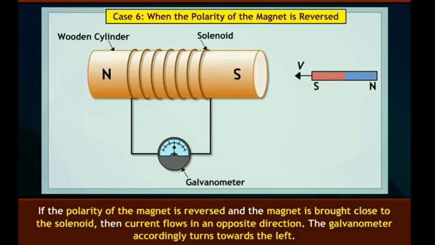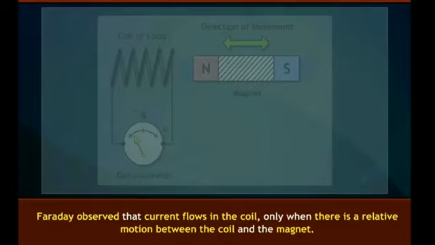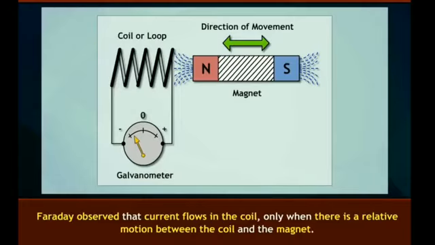If the polarity of the magnet is reversed and the magnet is brought close to the solenoid, then current flows in the opposite direction. The galvanometer accordingly turns towards the left. Faraday observed that current flows in the coil only when there is a relative motion between the coil and the magnet.